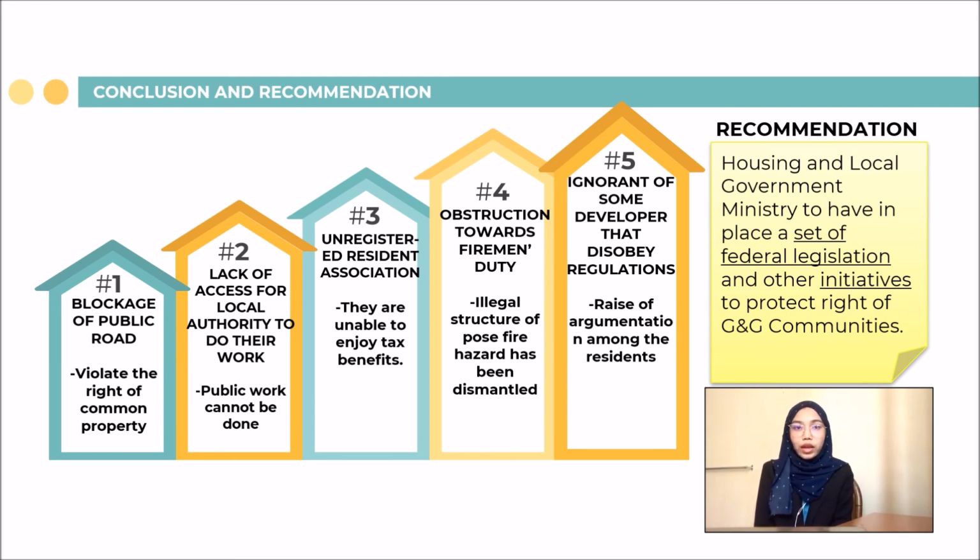Some of the issues highlighted in the study are blockage of public roads, improper management leading to lack of security, lack of access for local authorities to do their work, unregistered resident associations, obstruction of firemen from carrying out duty, and ignorance of some developers who disobey rules and regulations. Hence, the implications from those issues include violating the rights of common properties, leading to crime activities, rising arguments, illegal structures of post-fire hazard being dismantled, and unregistered communities being unable to enjoy tax benefits.